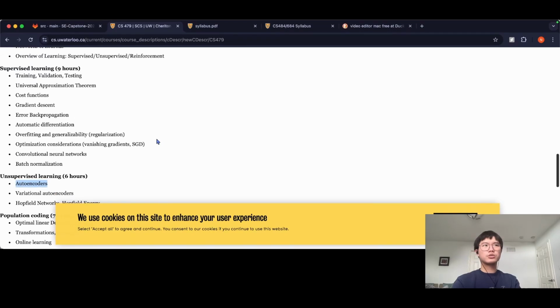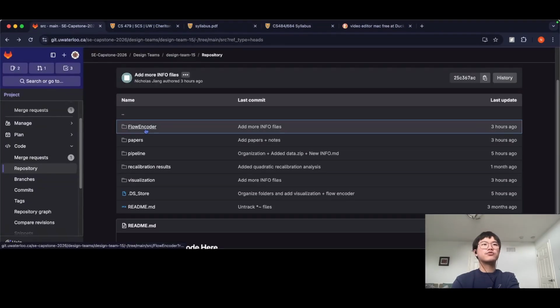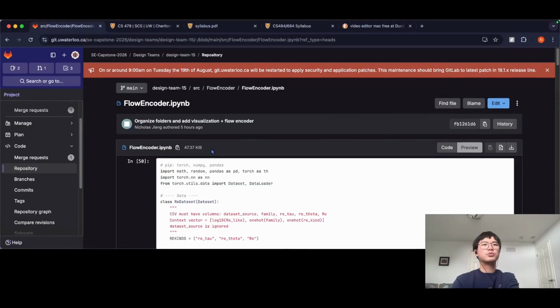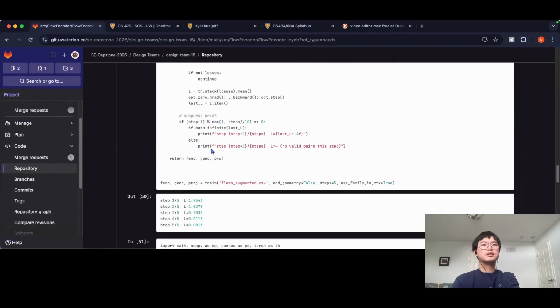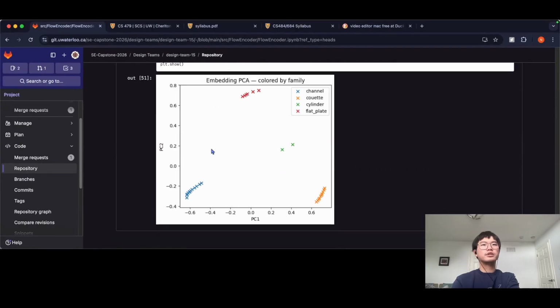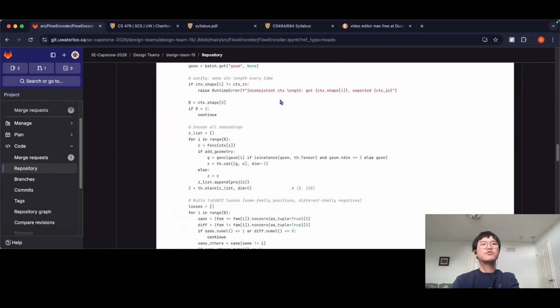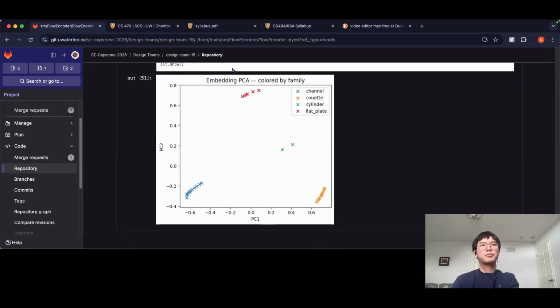In autoencoders, you take a representation, you compress it into a very small vector, and then you try to rebuild whatever it was, and that reconstruction loss, essentially, you're trying to minimize it, right? And we use that in our flow encoder, not the same autoencoder, but we used info NCE. So here you're encoding the flow information as a vector, right?